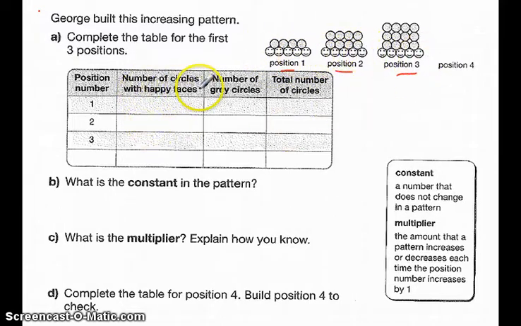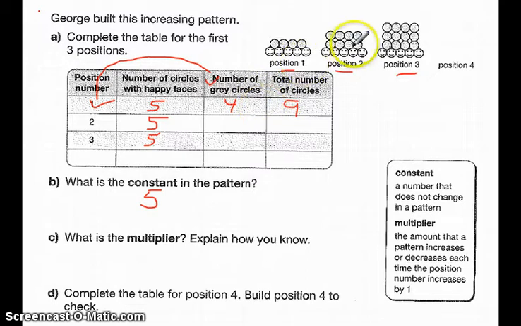So the number of circles with happy faces is always 5. So 5 is my constant. That answers the next question: what is the constant in the pattern? 5. The number of gray circles in position 1 is 1, 2, 3, 4, which gives a total number of circles in position 1 of 9.